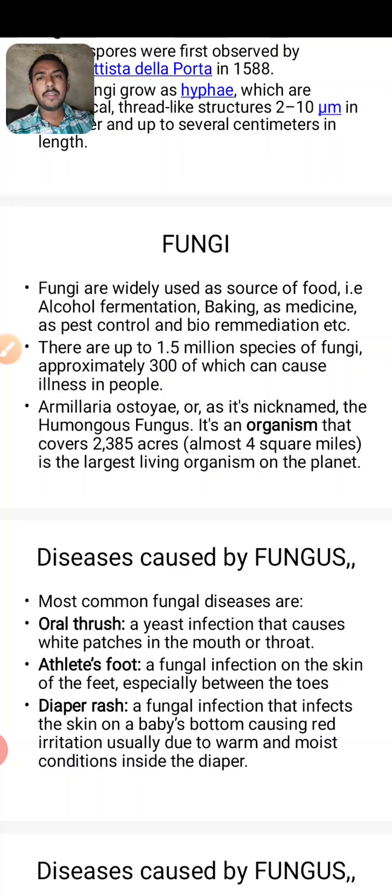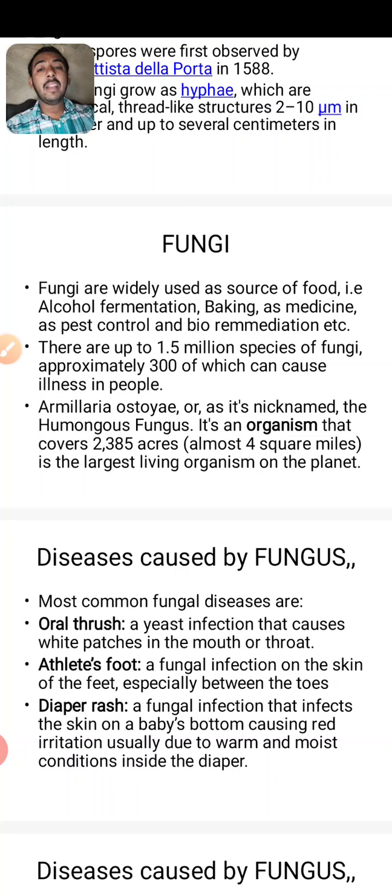There are different resources and we should acknowledge both of these, but we should remember that there are enough species of the fungi, and out of all those species, only 300 are known to cause some sort of illness in people. Except those 300 species, all others have a variety of uses and so many benefits for humans, for plants, for animals.